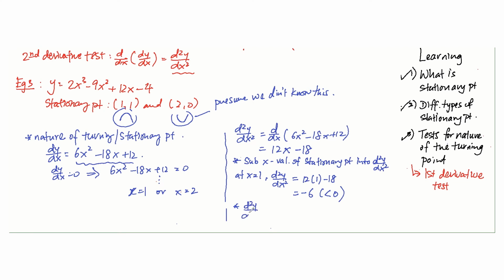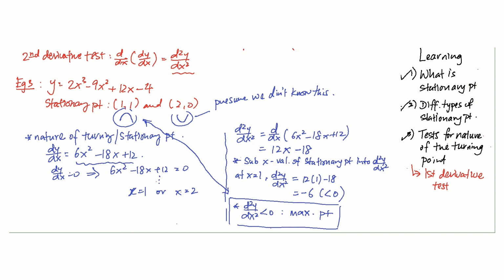For d²y/dx² less than 0, I would actually have a maximum point. And that would coincide with the earlier example, the first derivative test. Using the first derivative test, you'll notice that that gives me a maximum point.